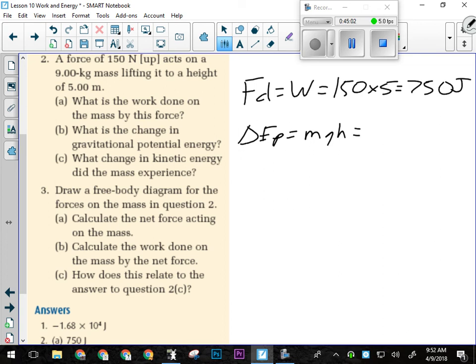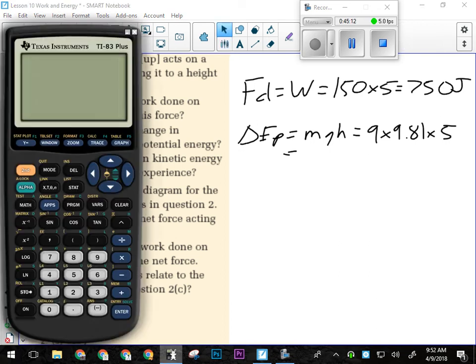So that'll be 9 kilograms times 9.81 times 5 meters. All right, so I'm only changing the potential energy by 441 joules.